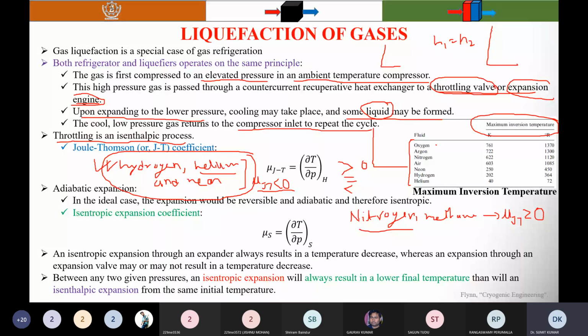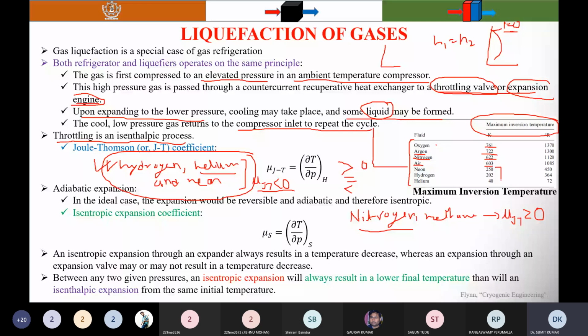Where it cuts the ordinate at p equal to 0, you get the maximum inversion temperature. The maximum inversion temperature of oxygen is 761 Kelvin. Argon 722, nitrogen 622 Kelvin, all in Kelvin. Air 603. But here you can see that neon, hydrogen, and helium have 250 Kelvin, 202, 40.